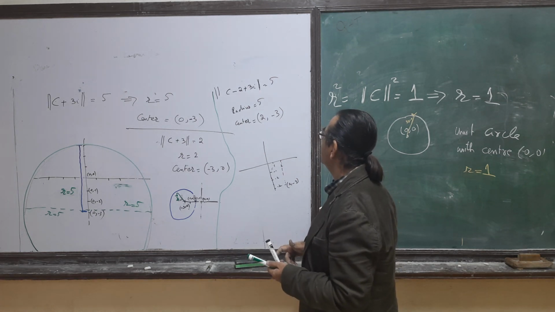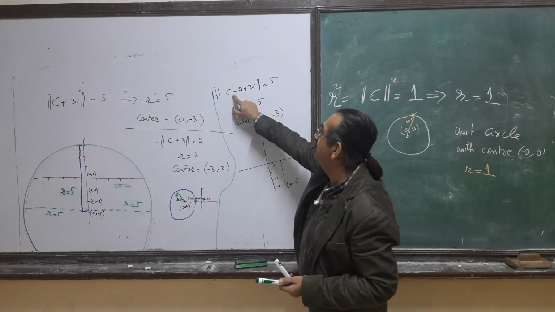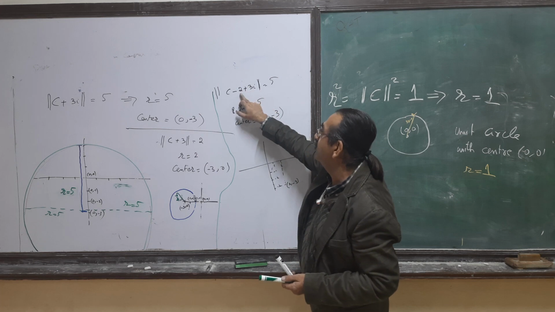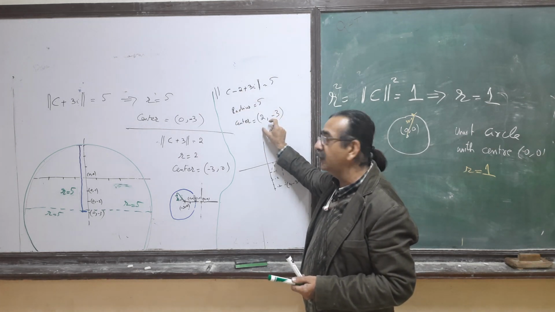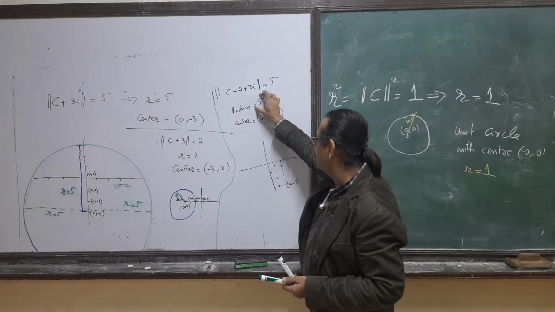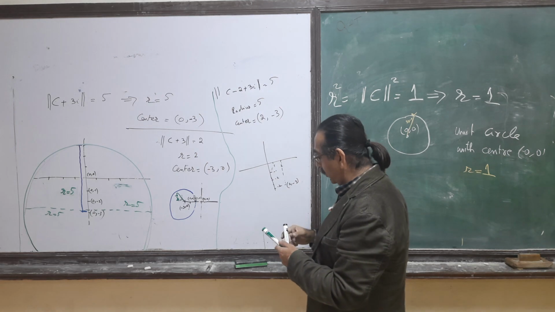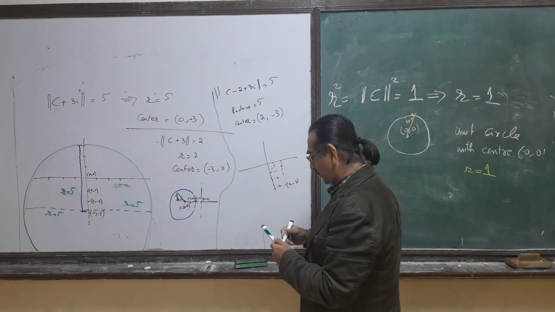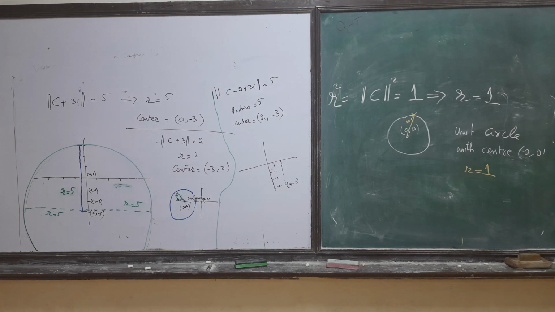Where have I put the 0? No. This point, this is only about the center. This is not about the radius. The radius is 5. Okay. So what will be the circle? One minute.